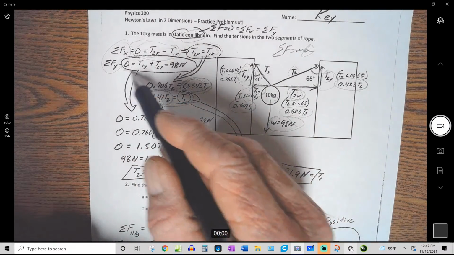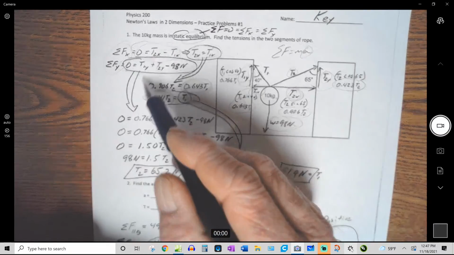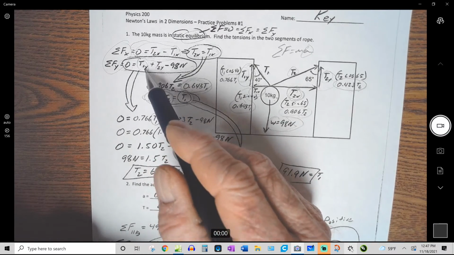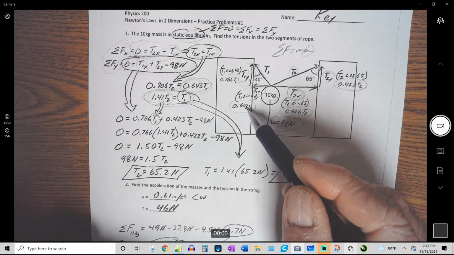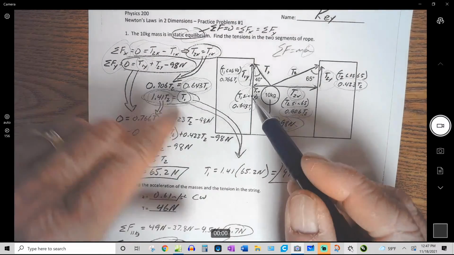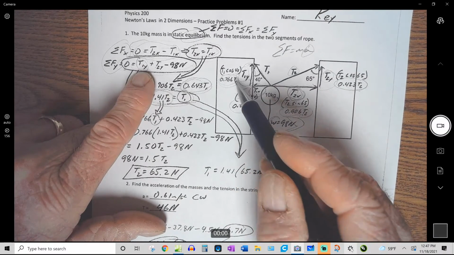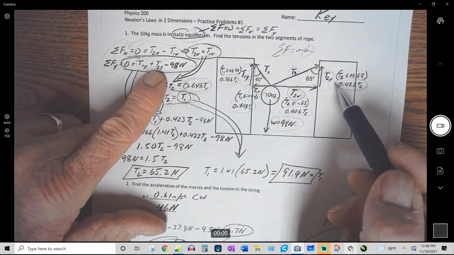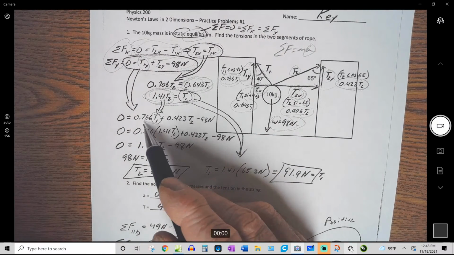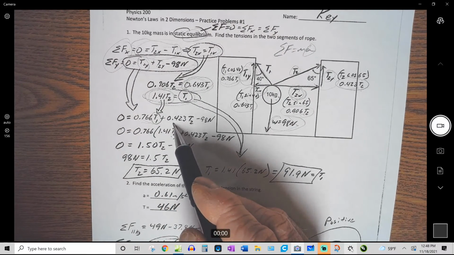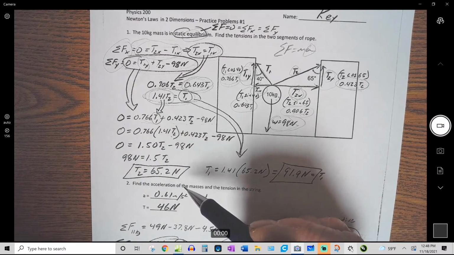So now taking my y dimension equation, I'm substituting in for T1x this. Wait, sorry, that's not T1x, that's T1y. So that'd be this, 0.766, and for T2y, that'd be 0.423. So here's my new equation, 0.766 T1 plus 0.423 T2 minus 98 equals 0.